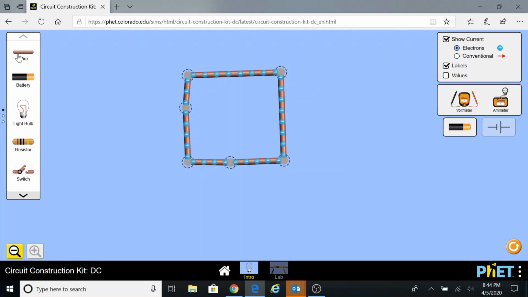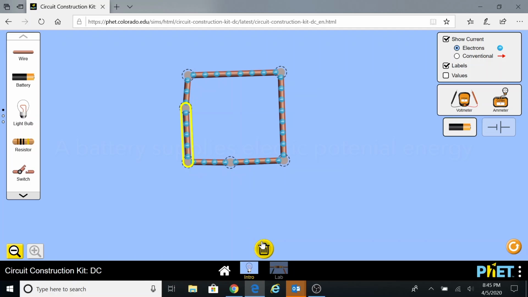Because there is a potential. The gravitational potential energy converts to kinetic energy, which moves the apple. And the basis of the circuit, we need something to push the electrons in the same way that gravity pulls the apple down.